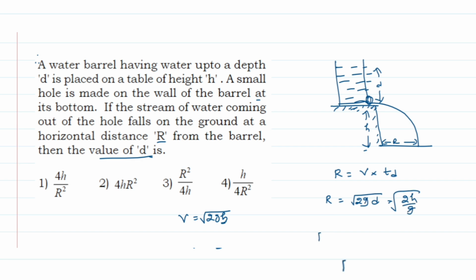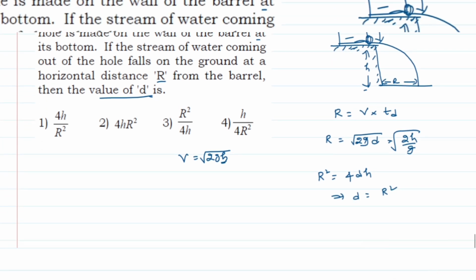When squaring on both sides, R square equals 2 twos are 4 into D into h. Then they are asking for the depth D, which you can write as R square by 4h. R square by 4h will be the correct answer.